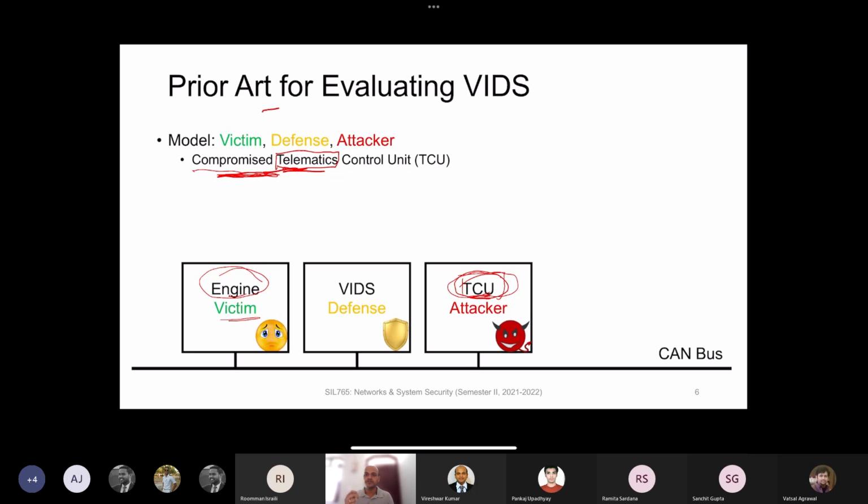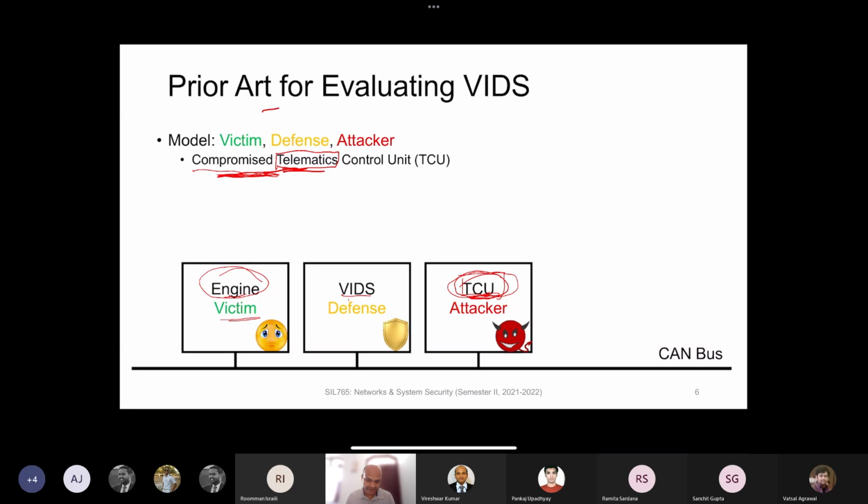That message should have come from the engine ECU, but if this TCU starts to send that message, then it is an anomaly. This means that the TCU is being controlled by an attacker and it is trying to send those messages.